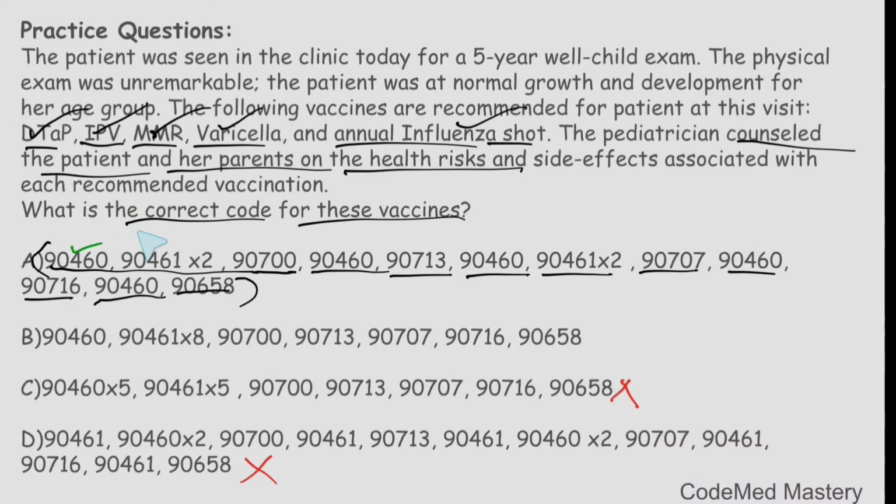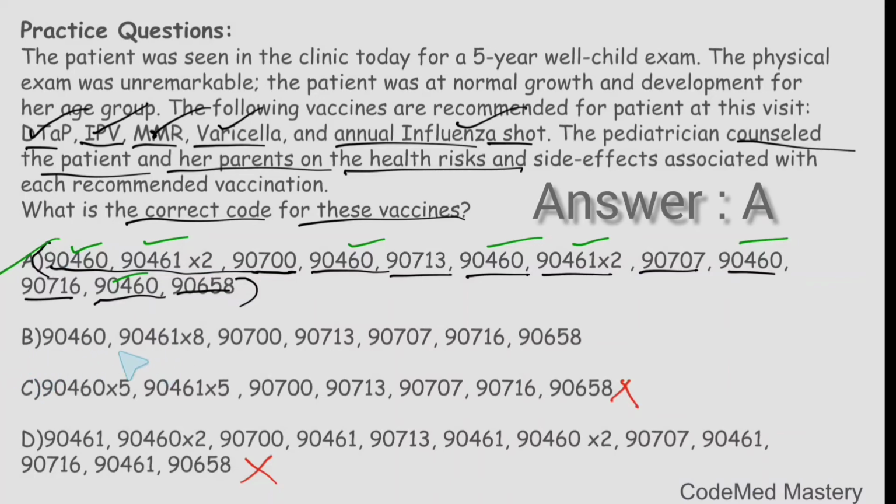So we check the codes for immunization administration and the vaccine codes. So option A is the right answer. Option B will be wrong because they have mentioned directly 90461 8 times and all the vaccine codes. But for each vaccine we have to code separately for the administration as well as the vaccine codes. So option A is the right answer.